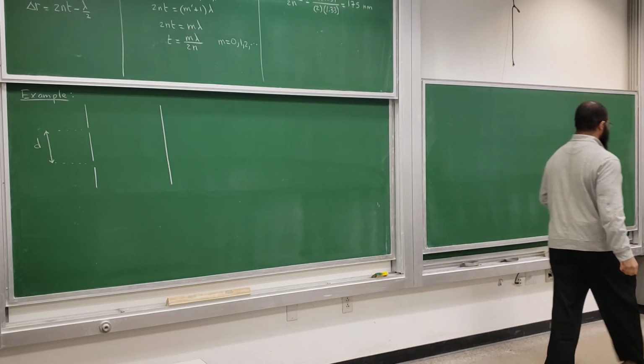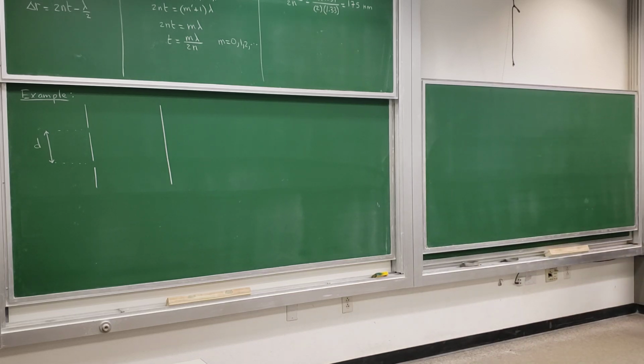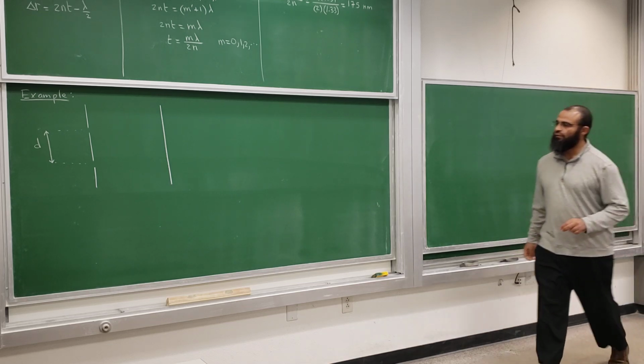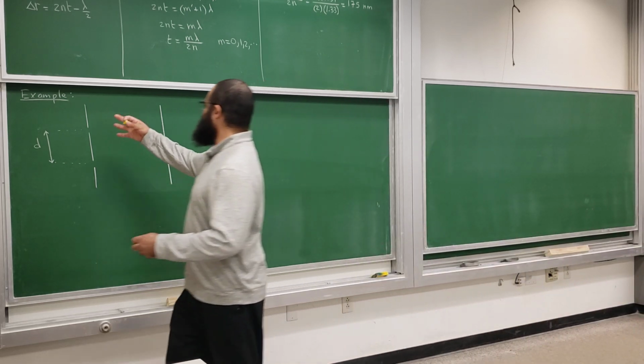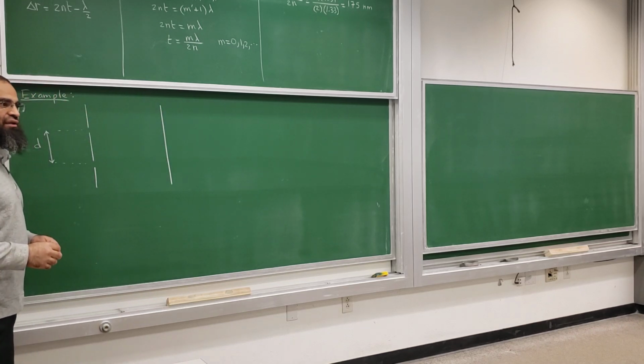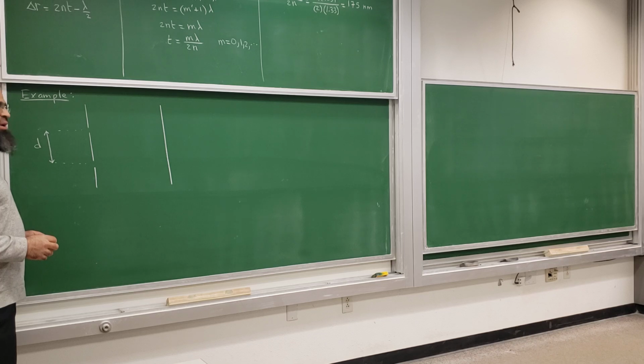So if we send light here, we just get the usual thing, right? D sine theta equal to M lambda for constructive. But somebody comes along and says, you know what?